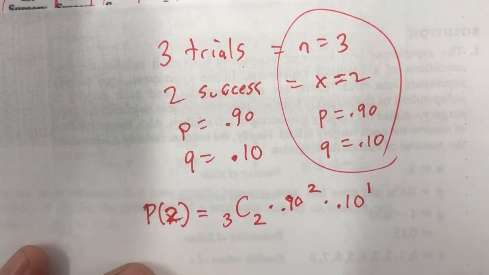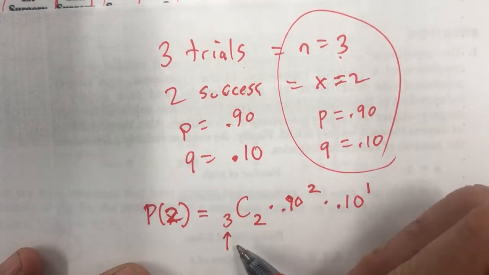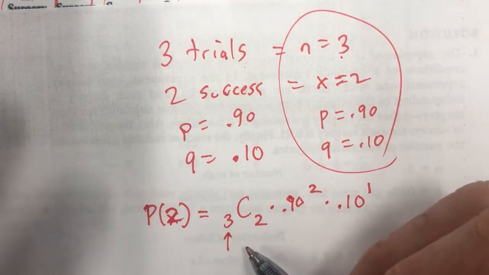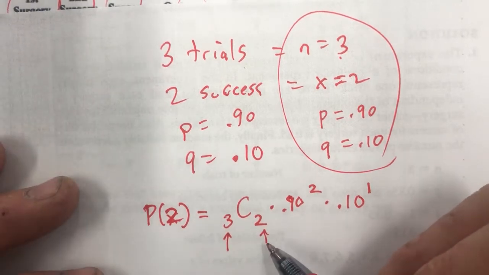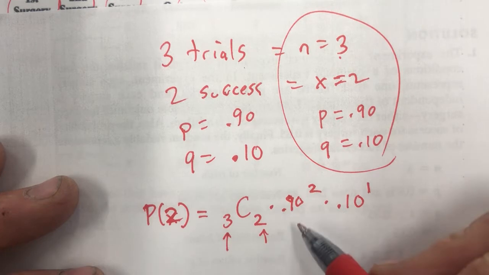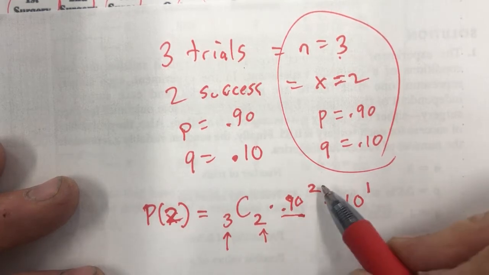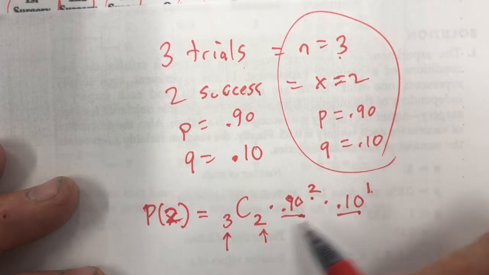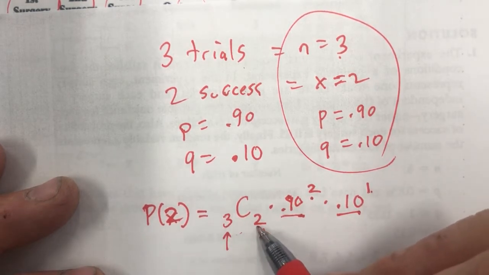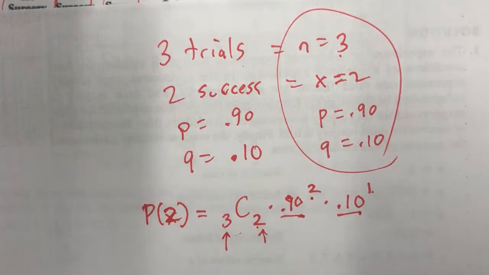Now what this means is n is 3. There's 3 total surgeries here, and there's 2 we desire to be success. And then this is my success probability. I do that to the 2nd power. This is my failure probability, and I do that to the 1 power, because if I have 2 successes, that means I have to have 1 failure. And I multiply these together.